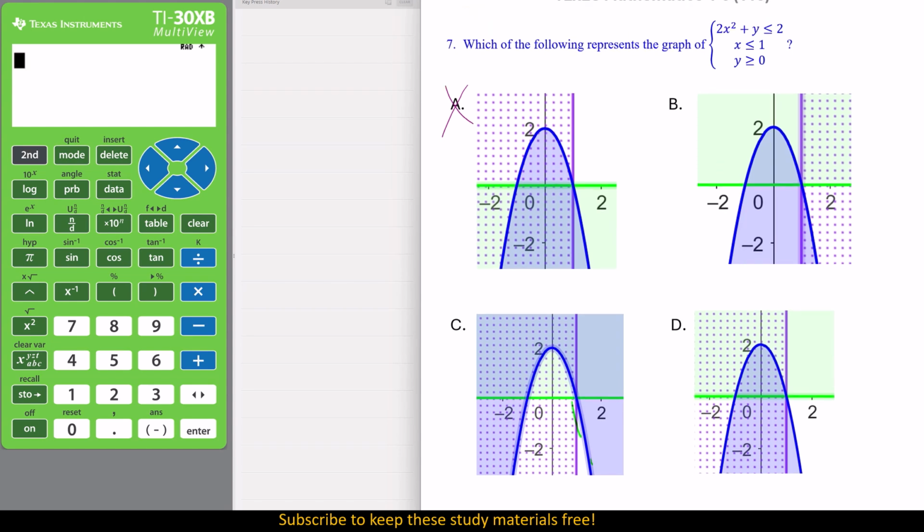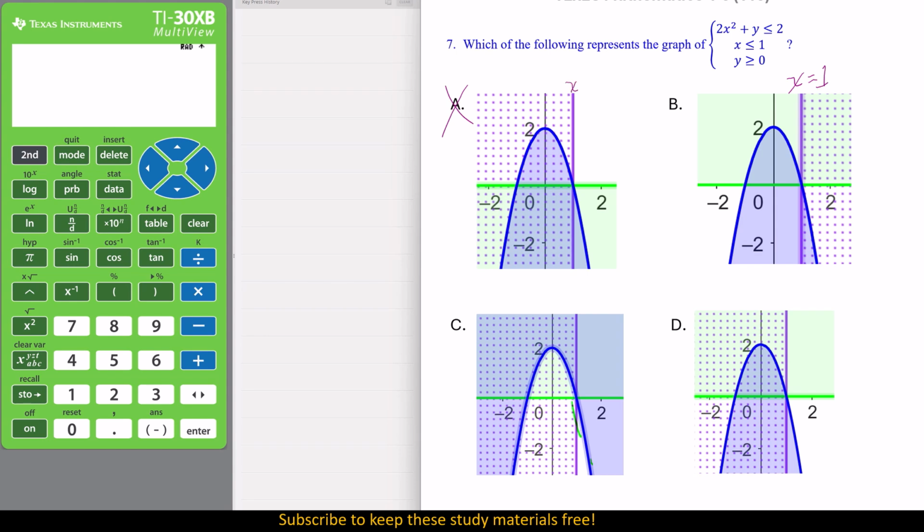Now for x is less than or equal to 1. We need to look and see where x equals 1. The only line at x equals 1 is the purple. That's x equals 1.